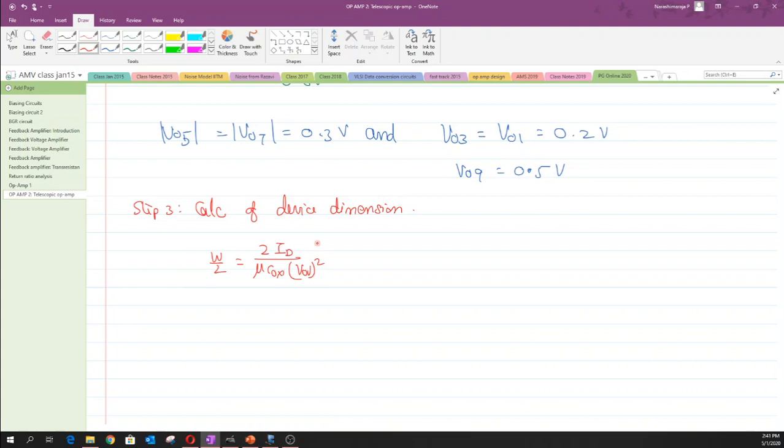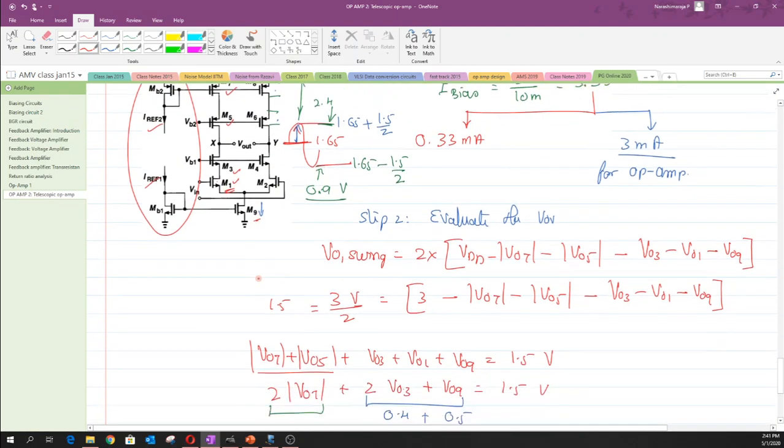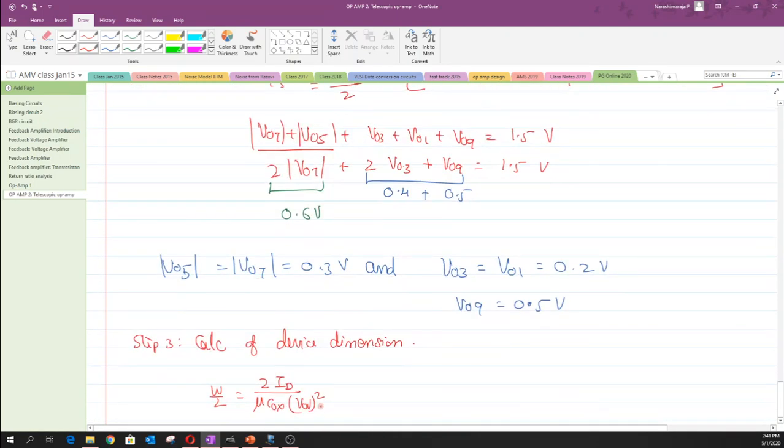You can try to work out all the W/L factors of the transistors given here, right from M1 all the way to M9. We have to apply appropriate values of VOVs, the current flow, and the mu n Cox or mu p Cox values in order to evaluate the PMOS and NMOS aspect ratios.